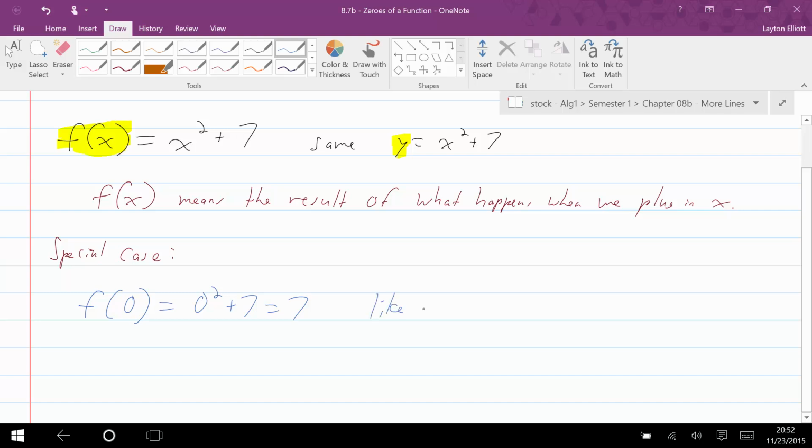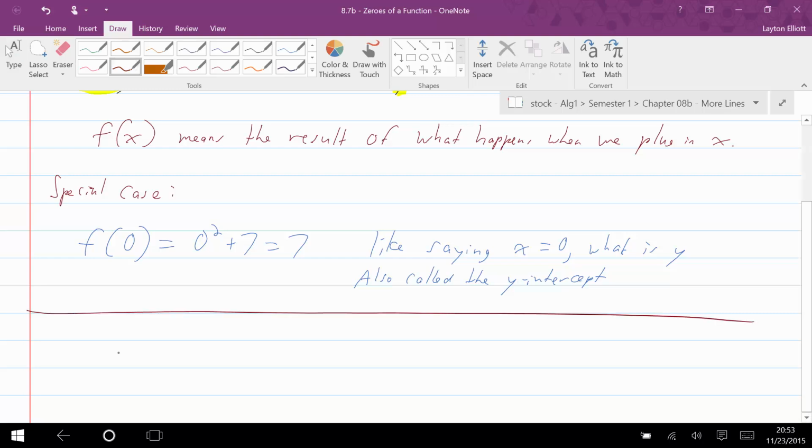This is like saying x was 0, what is y? And we have a name for that. This is also called the y-intercept. You know that from when we did lines. Whenever the y-intercept happens, that means x was 0. And that is one of the special cases.